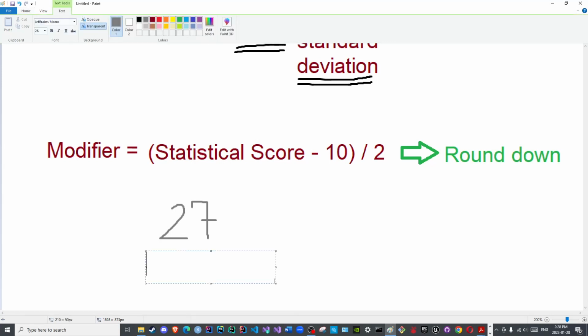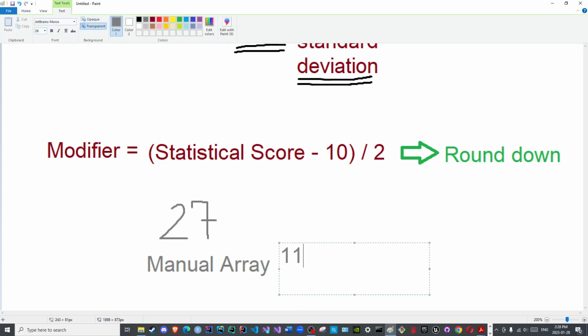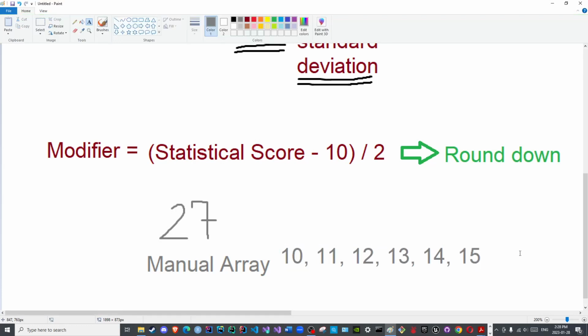Another system is known as the manual array, where there is a standardized set of statistics. I believe they are 10, 11, 12, 13, 14, and 15, I believe. Yes, and then you choose which number you assign to which statistic. I could be mistaken, but if you search for it, you will find it.